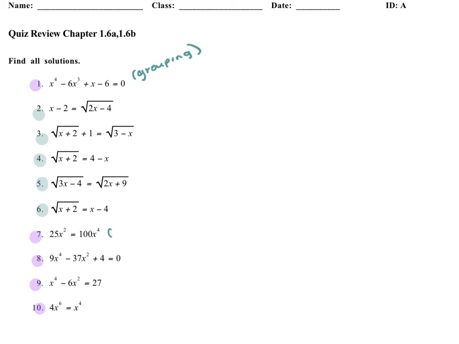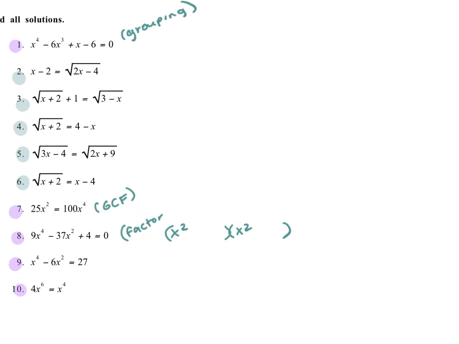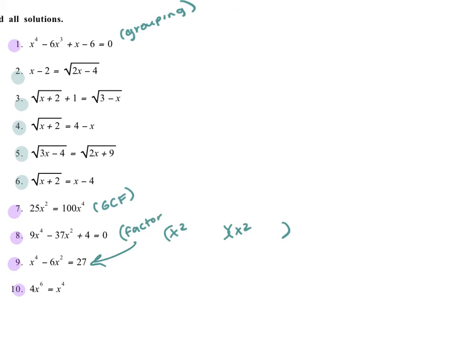GCF. Factoring where there's an x squared and an x squared. Same for this, or you could use your substitution there as well. You can do the substitution for the A if you wanted to make A x squared. And then this is also GCF. Don't forget your rules, like when you go to square root both sides, putting the plus and minus in front of those, okay, that happened up in that section.